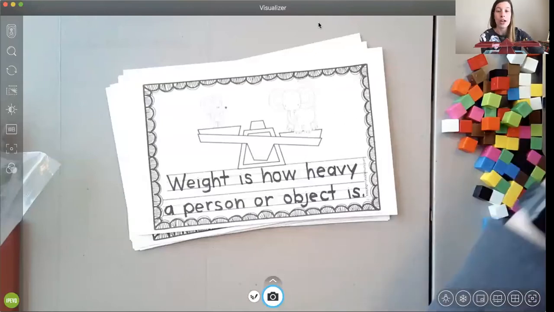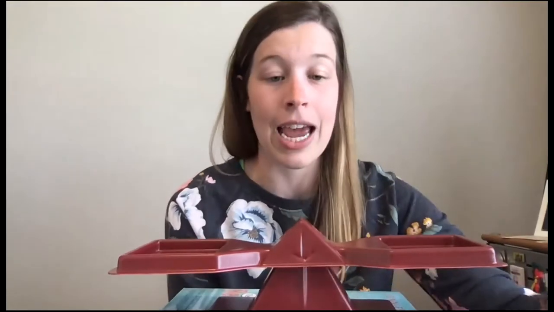So we are going to use this type of scale today to help us measure and compare weight. Now, we aren't going to know how many pounds or ounces anything is. We're just going to know how many cubes it weighs because in kindergarten, that's our unit of measurement is cubes, okay?